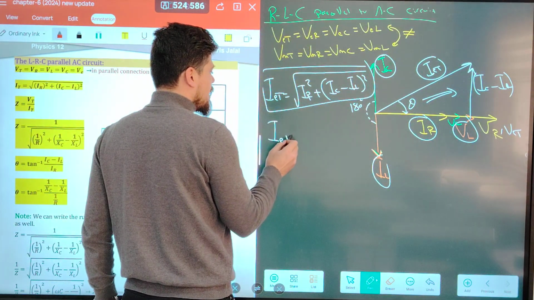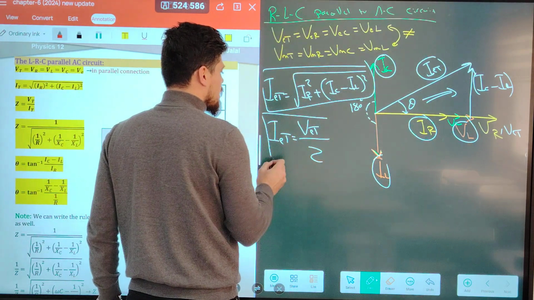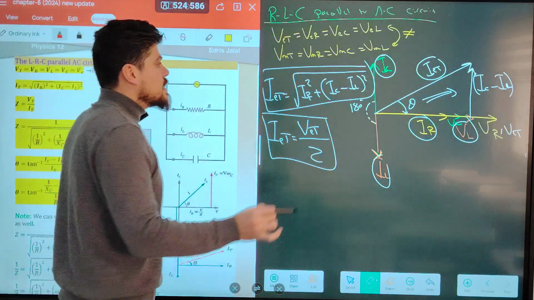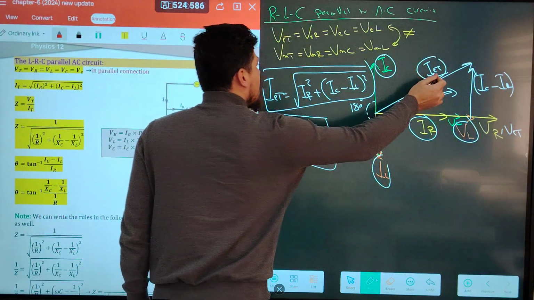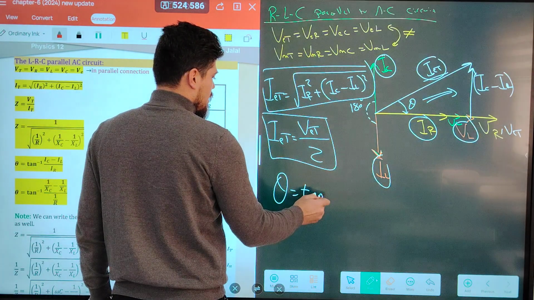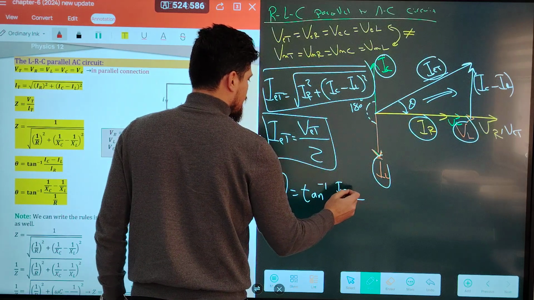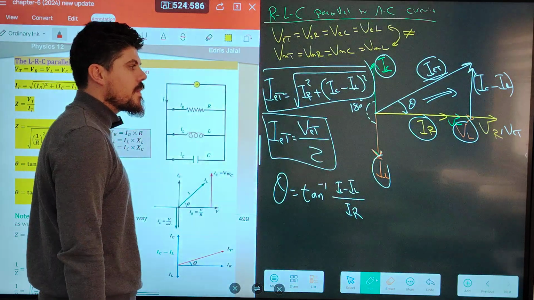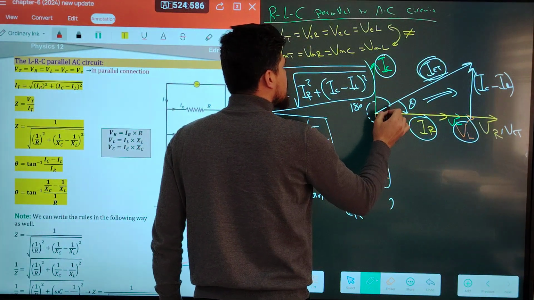Another equation to find IE total is VE total over Z. With these two equations, we can find IE total. So how can you determine the angle between IE total and potential difference, IE total and I across R? Theta is equal to tan inverse of opposite, IC minus IL, over IR. Okay, so how about the angle between IE total and IC?